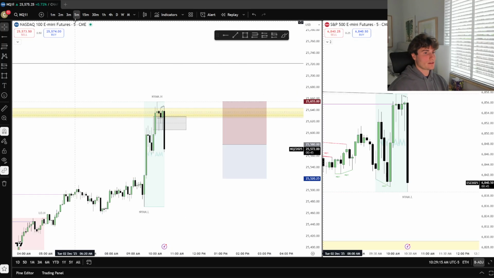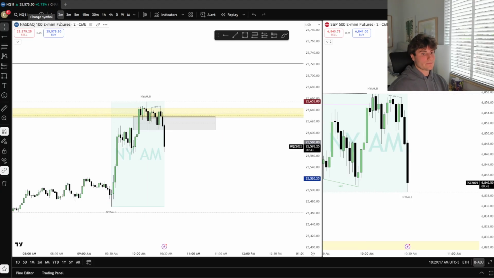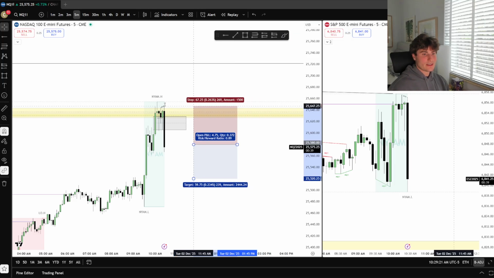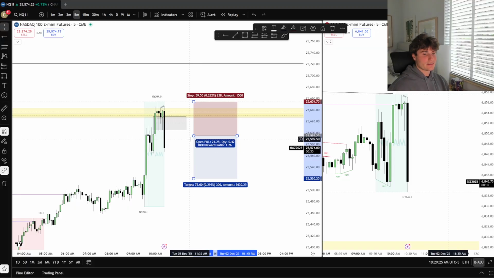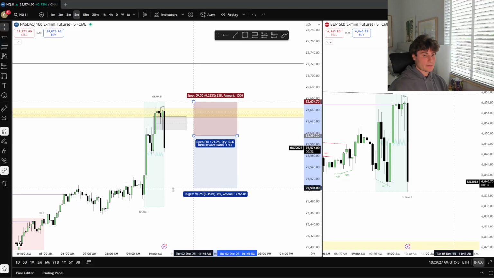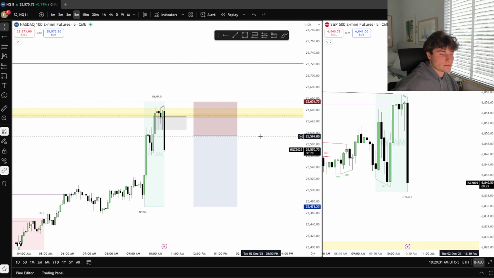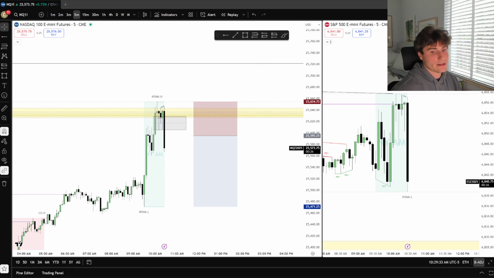I mean, it's the same thing. Just give me a good entry. Give me like right here. Give me like a 60-point stop. Come on. Give me a 2R trade, at least.